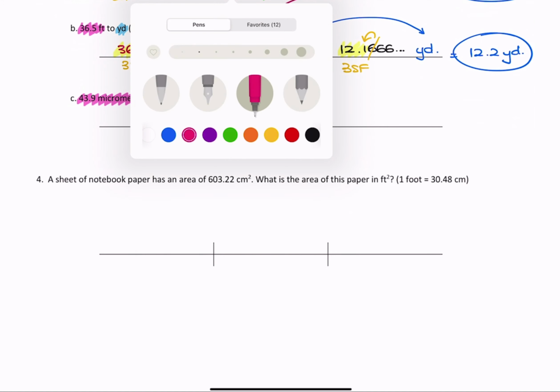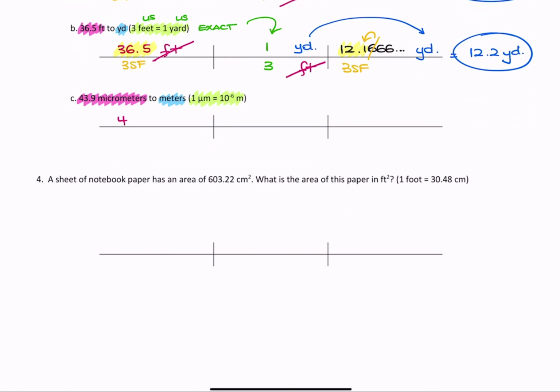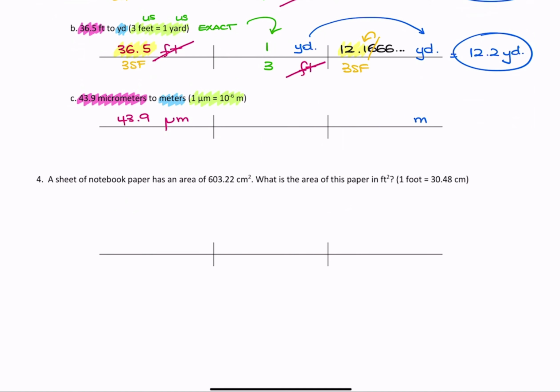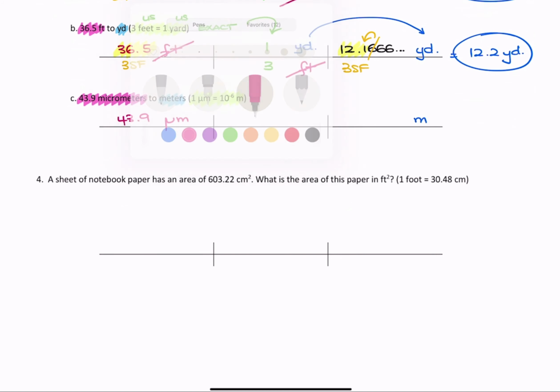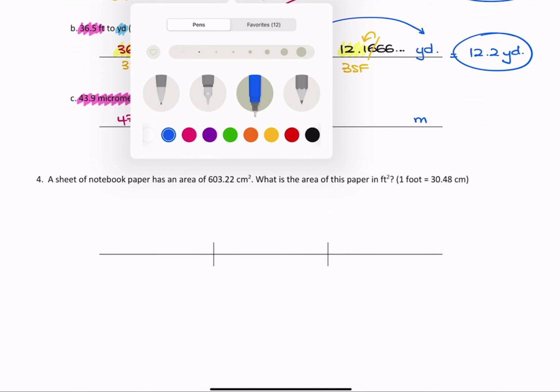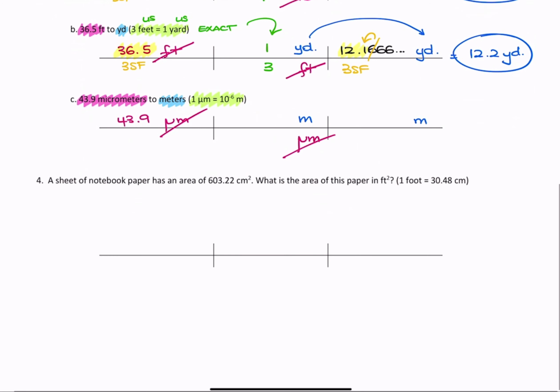So let's start. 43.9 micrometer, and what I want at the end is meter. Therefore, I will need to cancel the micrometer and convert to meter. My micrometers cancel, and I keep the final unit, the desired unit, as being the meters.